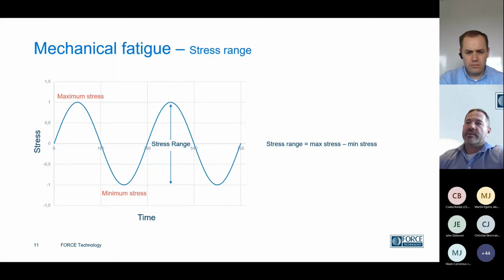And the stress range could shift, so these are not fixed values. That's a key point, because when we devise our tests, or when we do investigations, we can shift this stress range, and that can help us target specific areas, specific focus points.